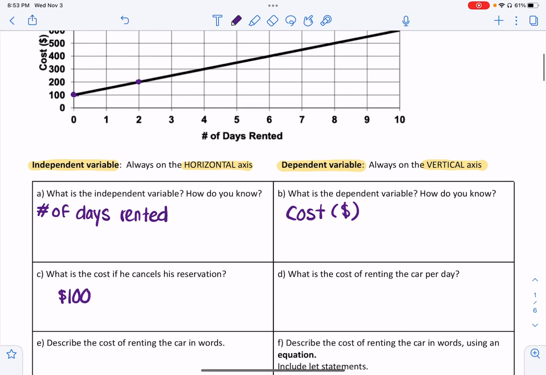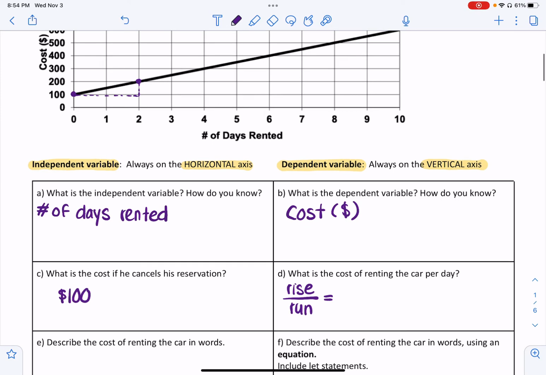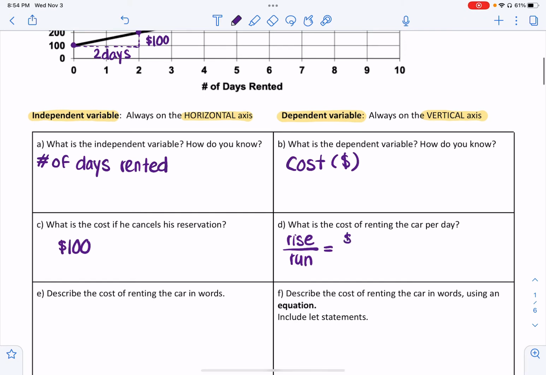So I have my 2 points and I'm going to find my rise and my run. So if I look, my rise is $100 and my run is 2 days. So my rise, $100. My run, 2 days.